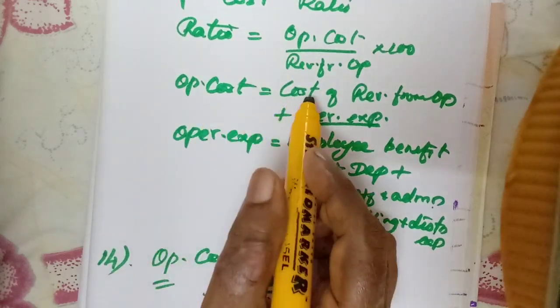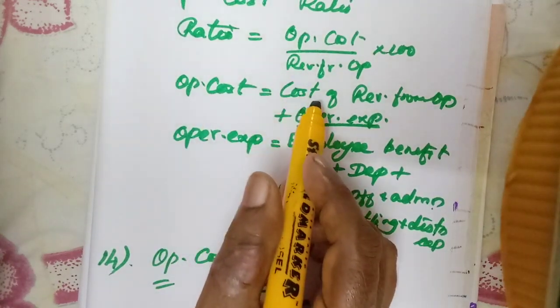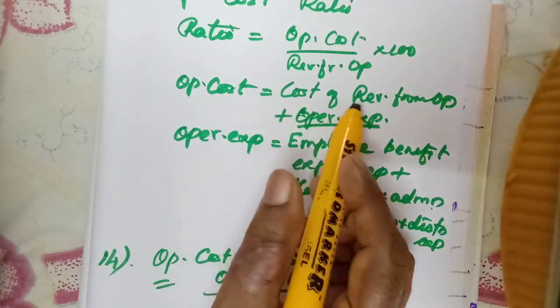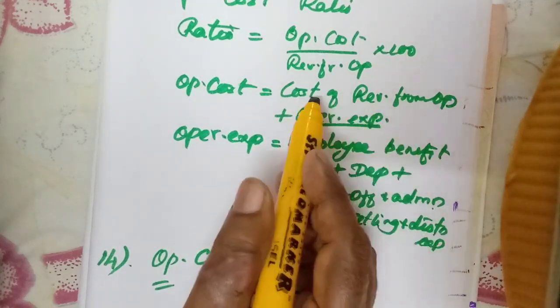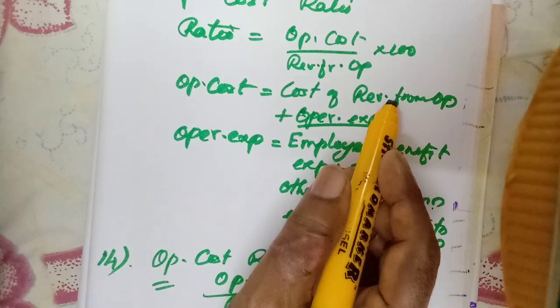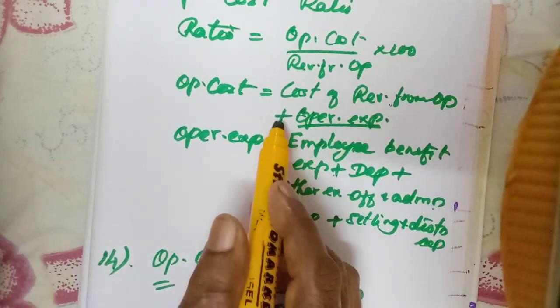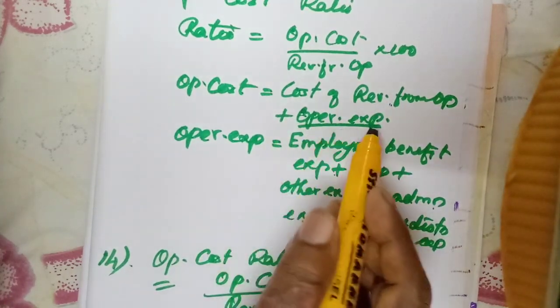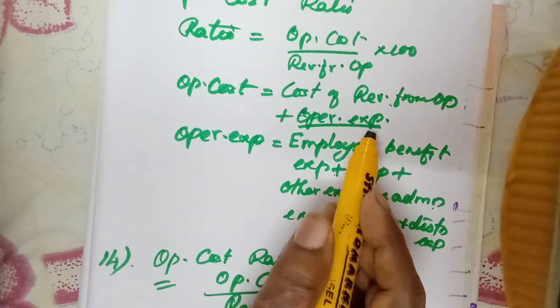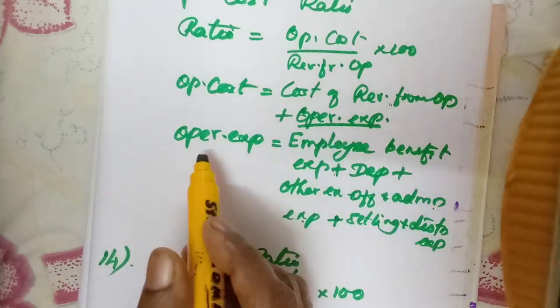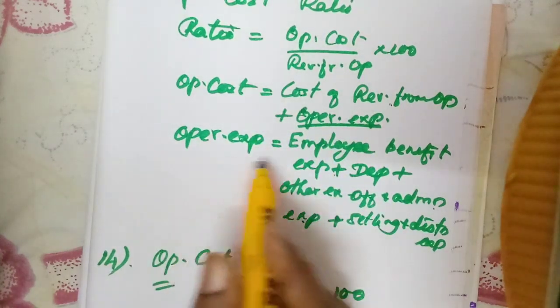Already in the gross profit ratio we have calculated the cost of revenue from operation. Along with that cost of revenue from operation, we need to add the operating expenses. What are operating expenses?